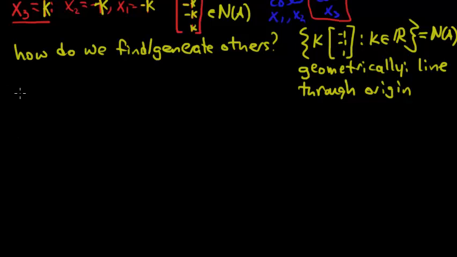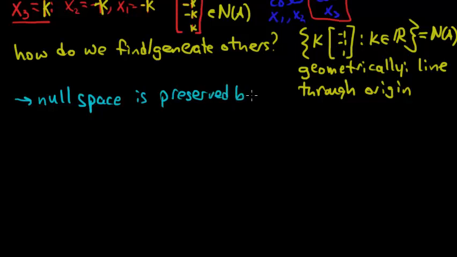The null space is preserved by row operations, and the symbolic way that we can write this is N of A, the null space of A, equals the null space of U.